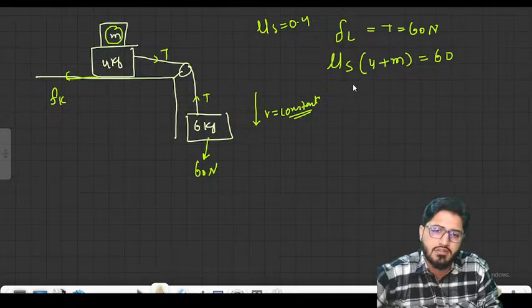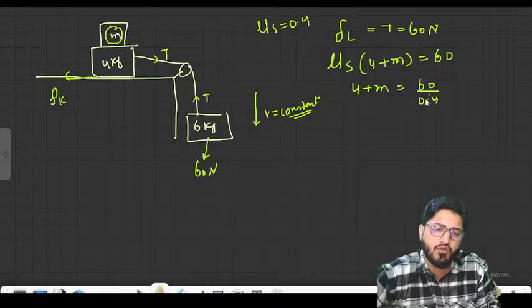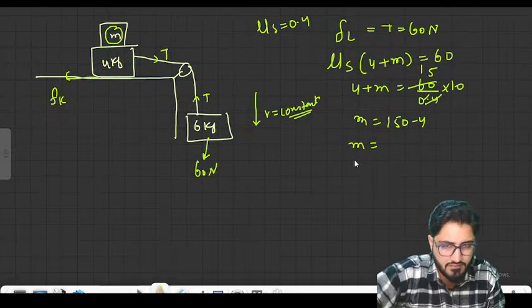I can write 4 plus m equals 60 divided by 0.4. So m came out to be 150 minus 4. The mass is very high, no?